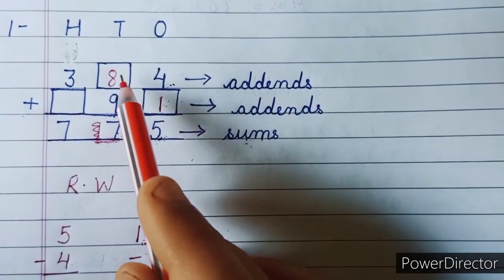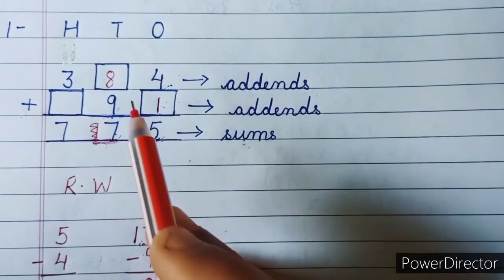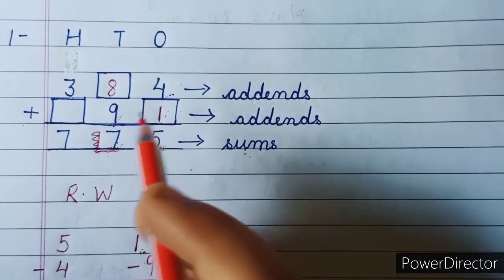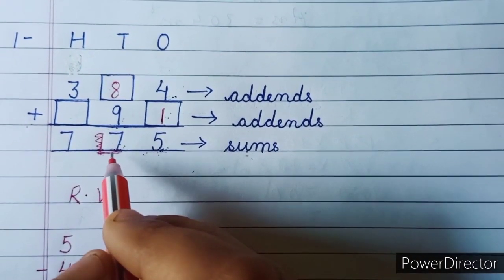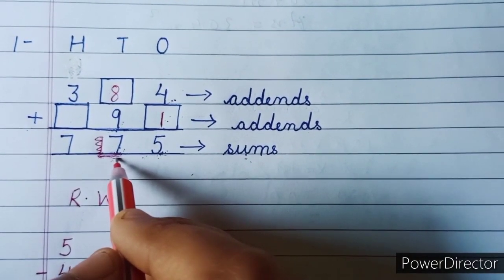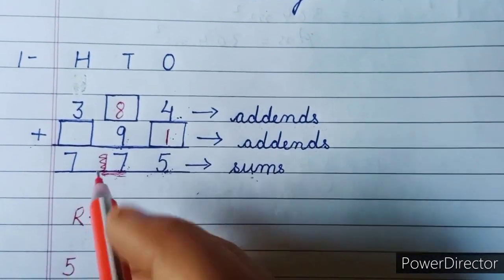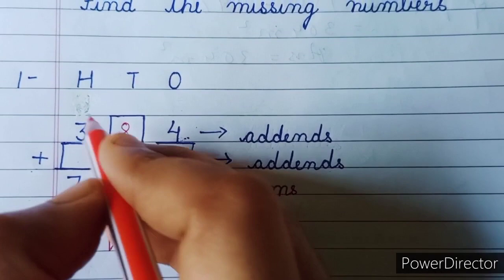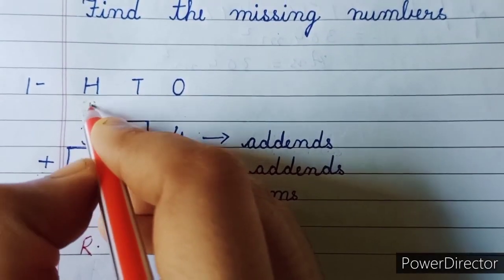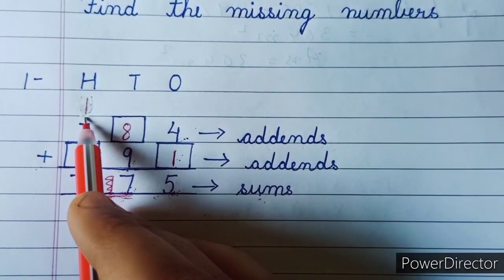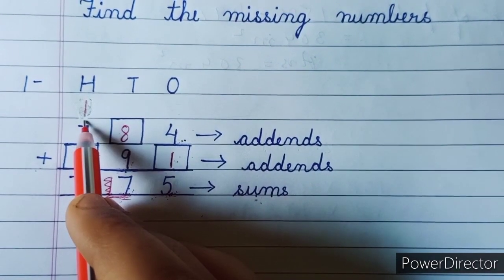Let's check. 8 plus 9 is 17. Children, 7 is written here and we should write this carry. This carry means 1. This is the carry over. So here it is 1.